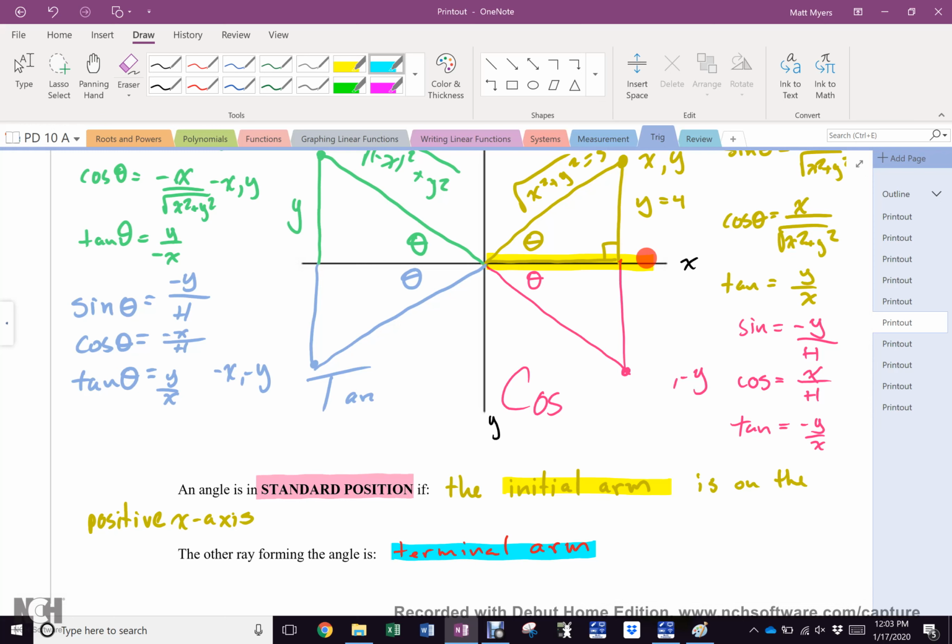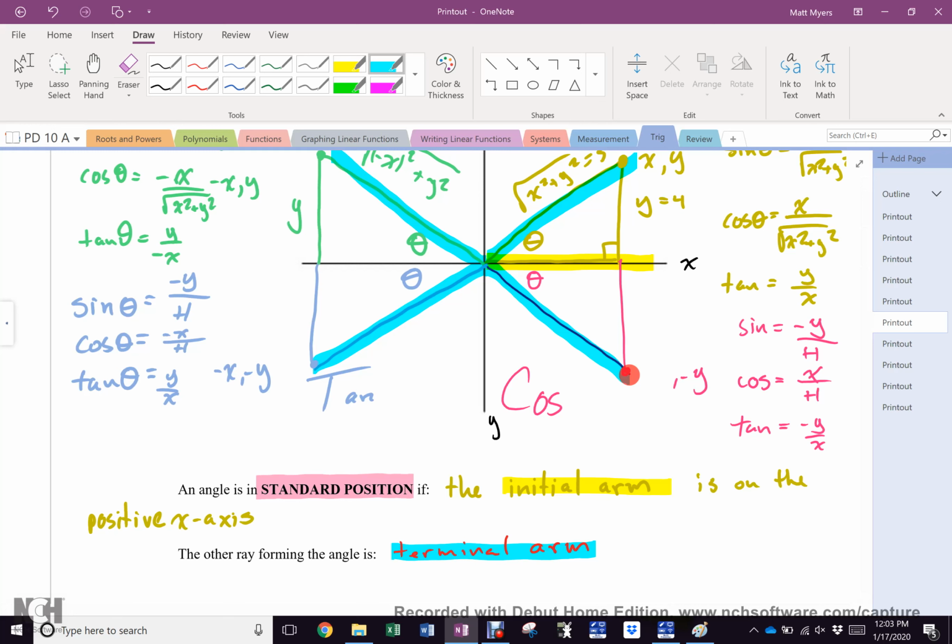I see 4 thetas myself. So how many terminal arms must I draw? 4. There, there, there, and there. Agreed? Agreed. Now, if initial means first, what does terminal mean?